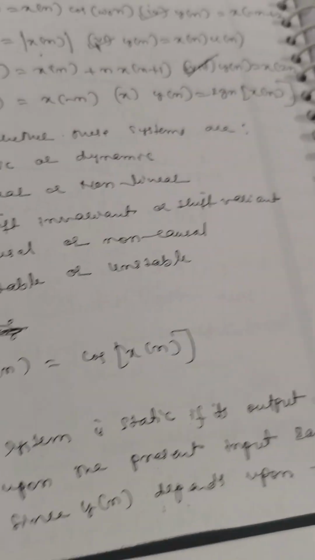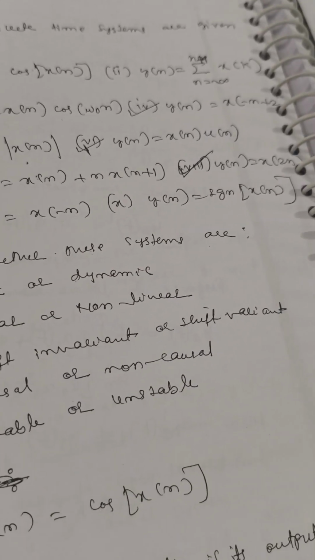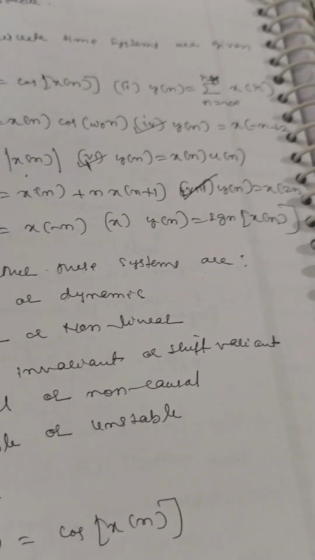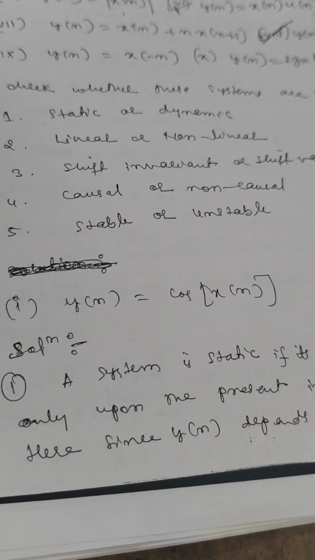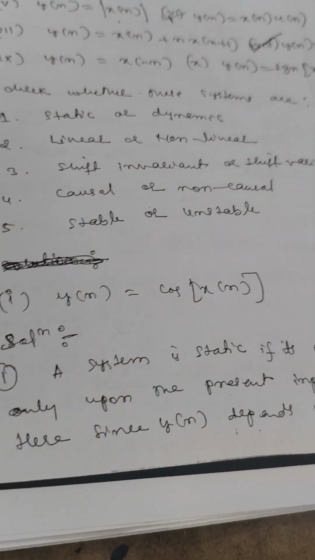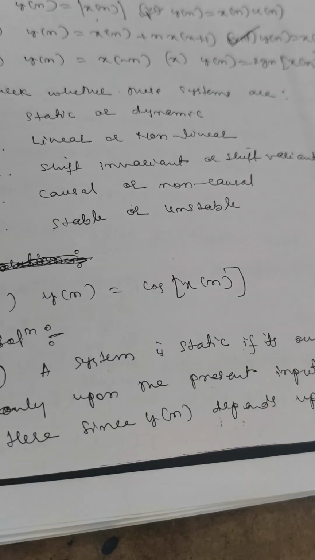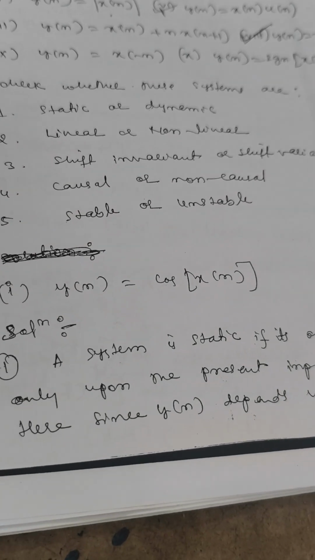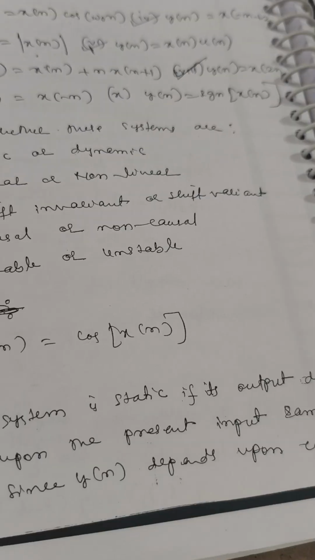First we'll take this problem, y of n equal to cos x of n. Now we'll determine the various properties of the system one by one. First we will find out whether the system is static or dynamic.